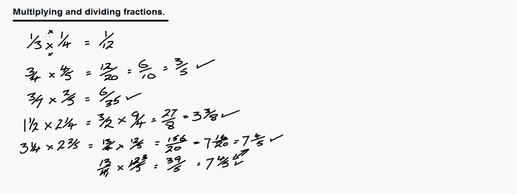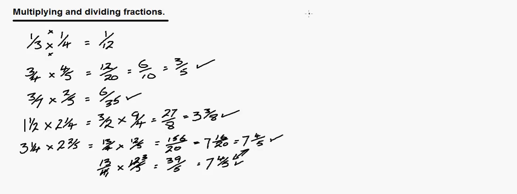We multiply across the top, we get an answer. We multiply across the bottom, we get an answer. If we can cancel, we do, okay? And here again, we cancel, we cancel, we cancel. So that's multiplication. Now division of fractions is equally as simple.